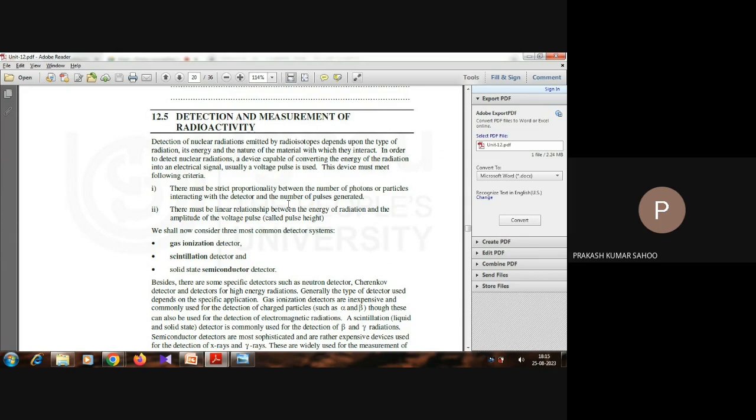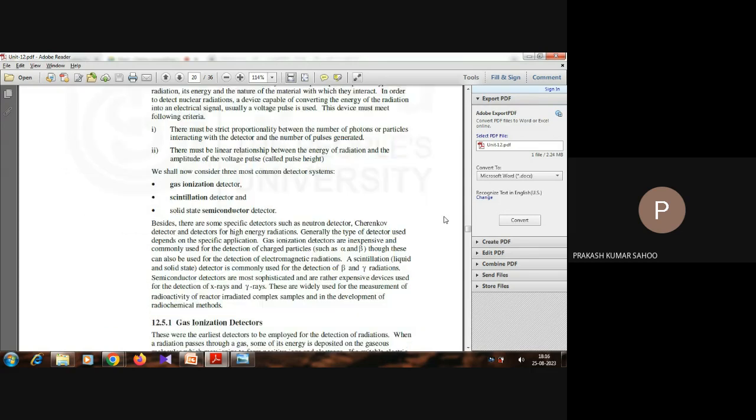The detection of nuclear radiation emitted by a radioisotope depends on the type of radiation and its energy, and the nature of the material with which they interact, what rays it is irradiated with, and what subatomic particle is liberated. These are the factors on which detection and measurement depend.